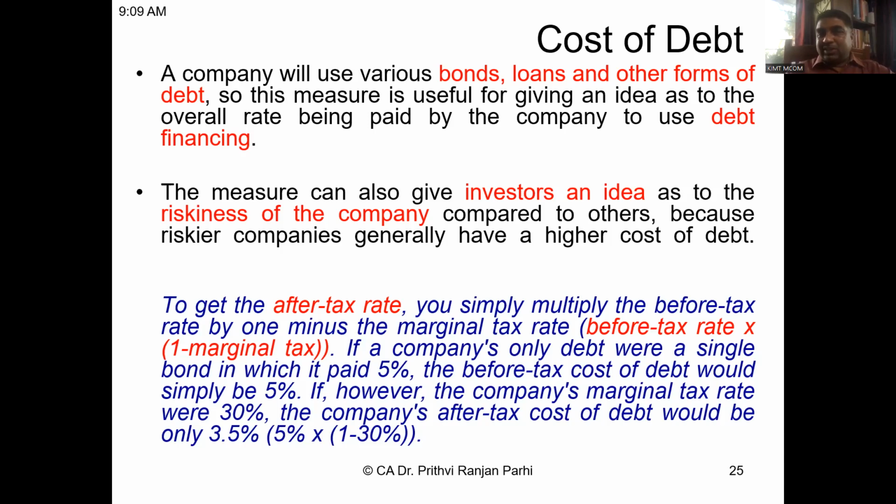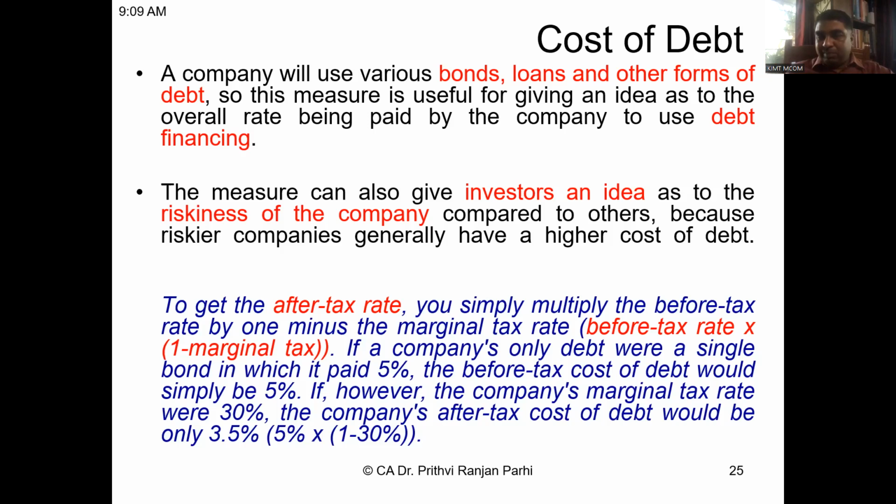In the previous class, we had discussed that when you're talking about cost of debt, there are two ways to compute this. One is called pre-tax cost of debt. The other one is called post-tax cost of debt. Or you can call it before tax cost of debt and after tax cost of debt.